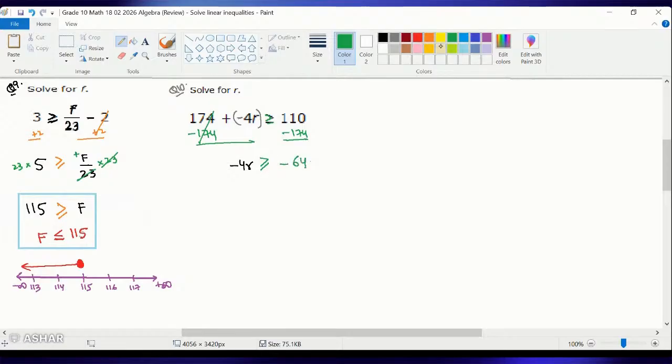We can see that the variable has a negative sign over here. So what we do is we divide both the sides by minus 4. But this sign will be flipped. Why? Because the variable had a negative sign.